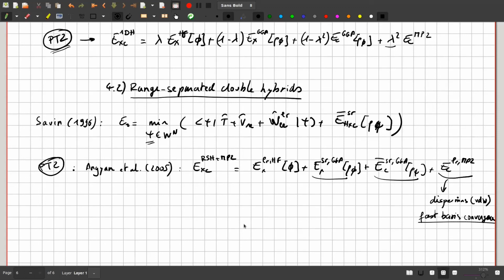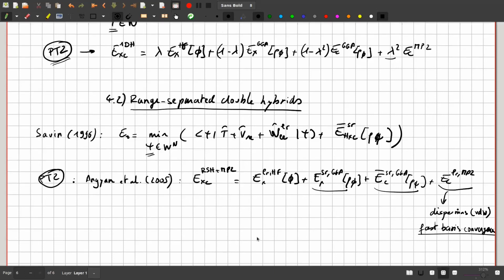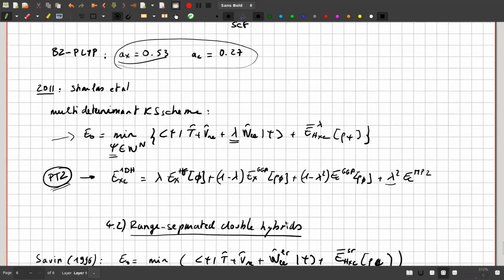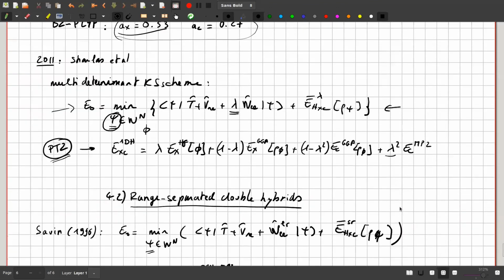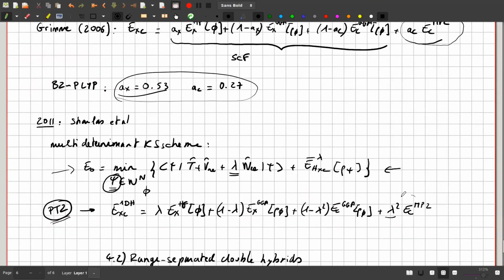Well, in this case, it is an approximation. So basically, that's a good question. So if you take, for example, this expression, and now you make the approximation that you use simply a single determinant phi, what you are going to obtain is basically an expression like that without the MP2 term.